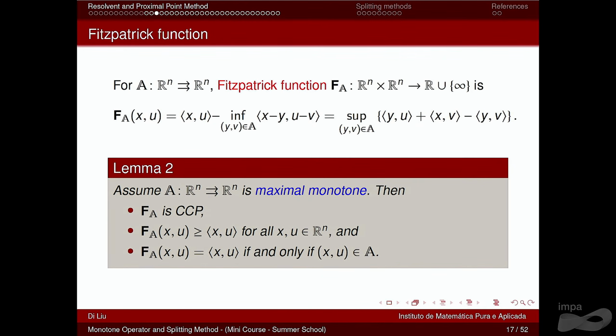So in the next class, we will introduce this representation function, which is called the Fitzpatrick function. If A is a monotone operator, then its Fitzpatrick function is CCP and satisfies these two inequalities.